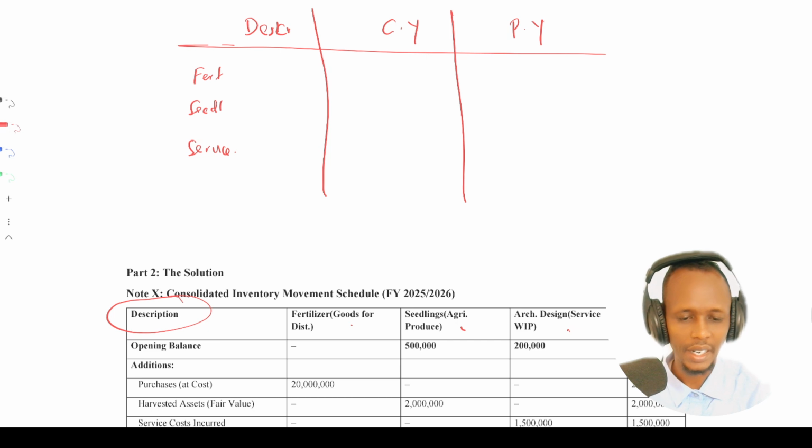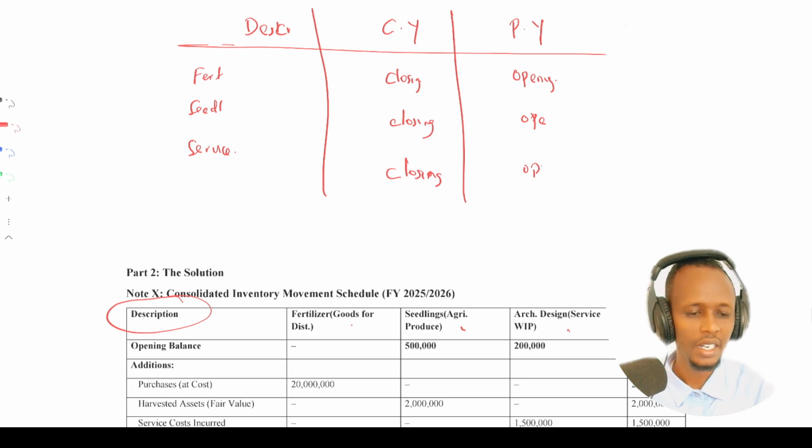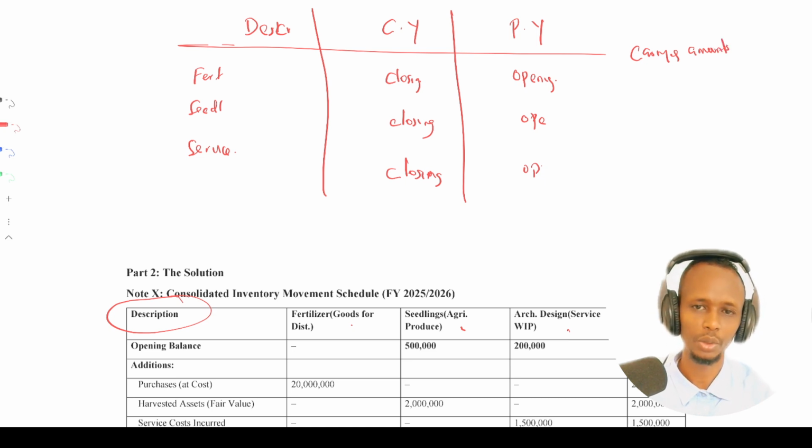So these are the classes, and then the opening will go here, and here you will have closing balances. What you will be dealing with is the carrying amount.